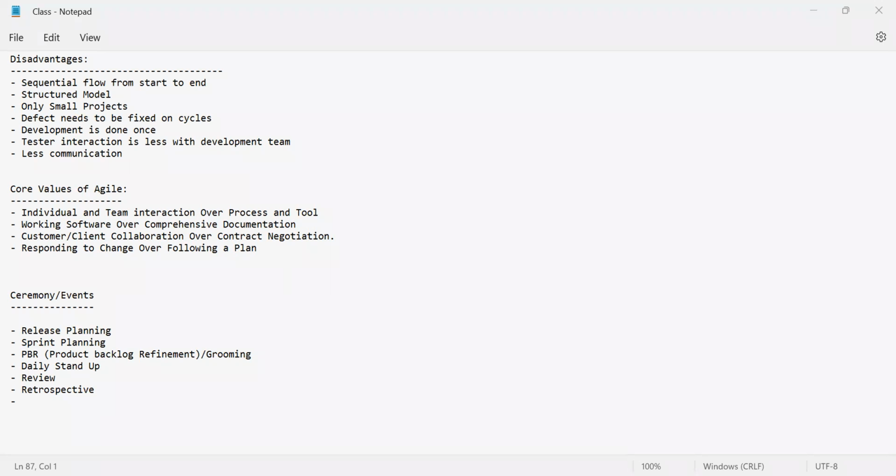I'll be showing you a few basic images of the Jira tool. Jira is not freeware. It's a commercial tool. It's a very easy tool. Just by taking a look at it, you will be able to understand what it means.